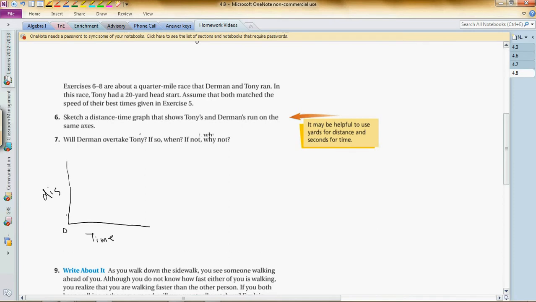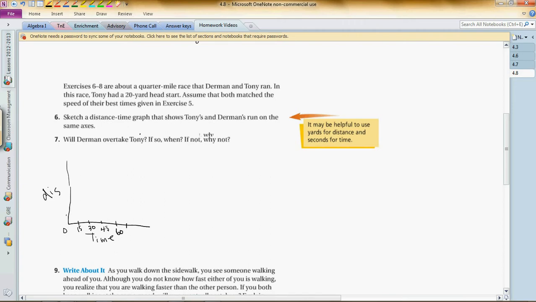And we have 0 here. So the time will be probably 15 seconds, 30 seconds, 45, 1 minute, and so on and so forth.